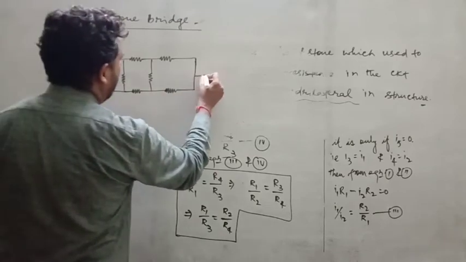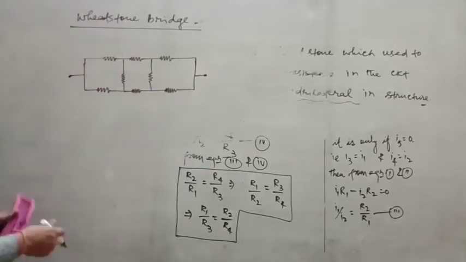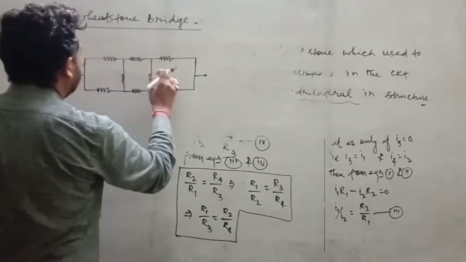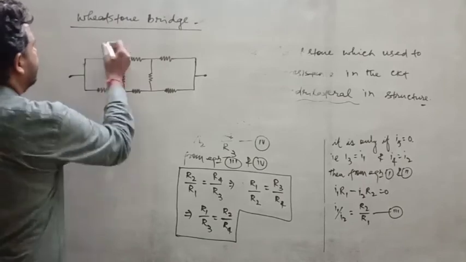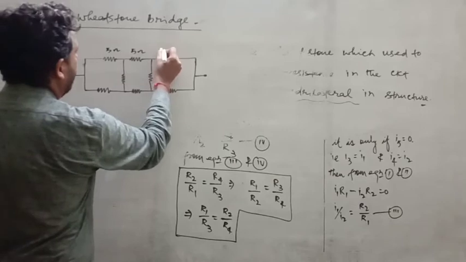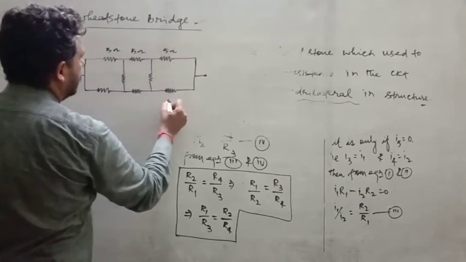You see that many resistors are there, 1, 2, 3, 4, 5, 6, 7, 8 resistors, and suppose every resistor has the same magnitude, 5 ohm.